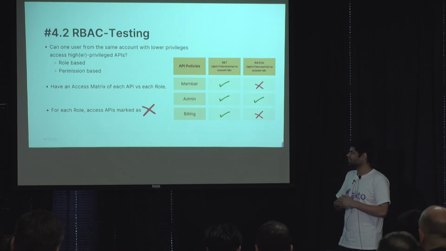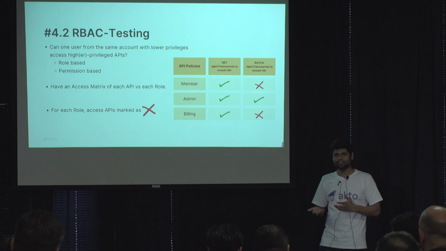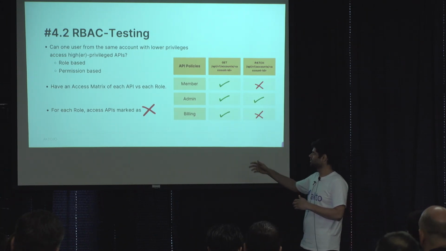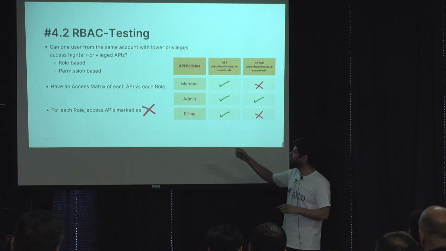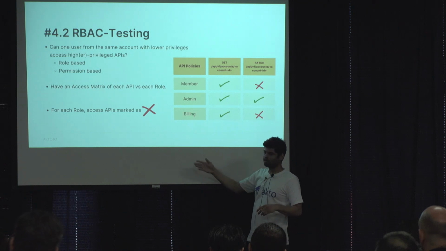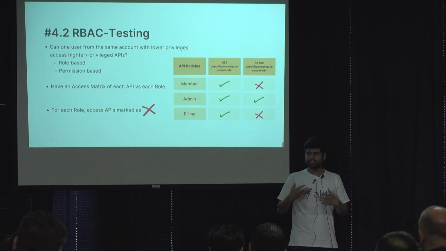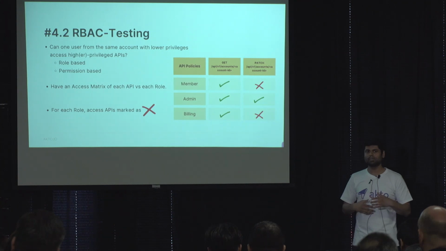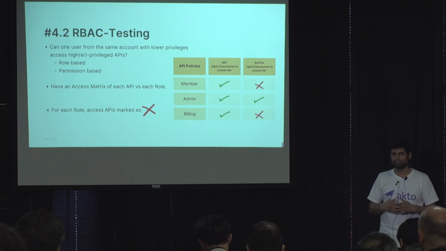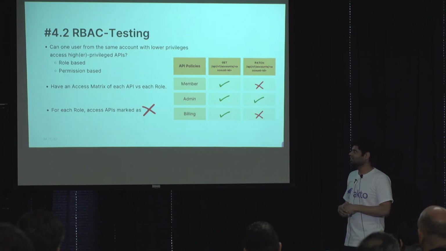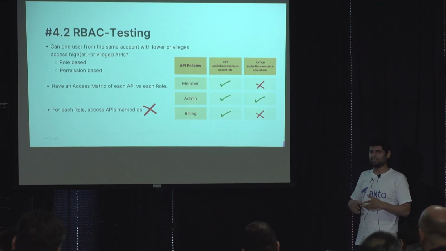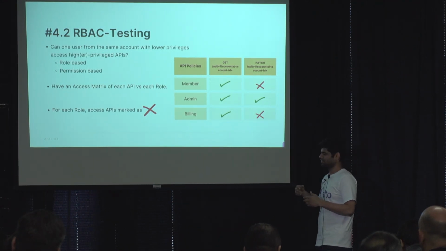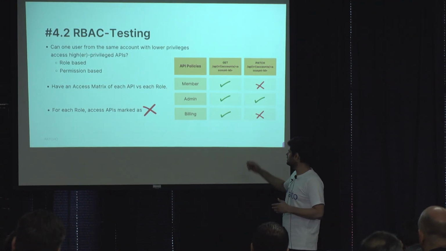What you have to do in your staging environment is have one account which has all of these roles. So for each role there should be a user that's configured. You should be able to create that user's auth token automatically, as we discussed earlier, and all you have to do is keep testing the APIs which are marked as cross.